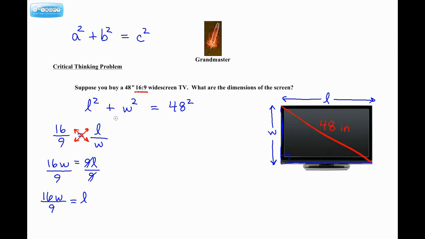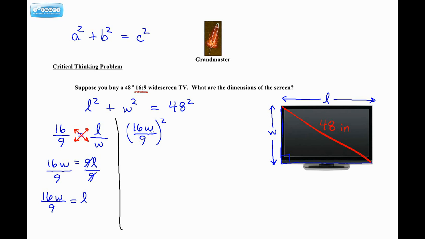So I'll just put a line separating. So my new equation becomes L squared plus, whoops, my mistake. It's L that I'm replacing, so instead of writing L squared, I'm going to write 16w over 9 squared.